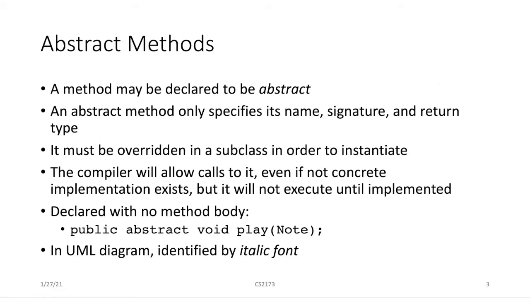It's saying it's abstract, but the idea is that some subclass of this is going to actually implement this method. The existence of the abstract method in the superclass guarantees that an instance of the subclass, even if it's only declared to be a type of the superclass, can pass the compiler.